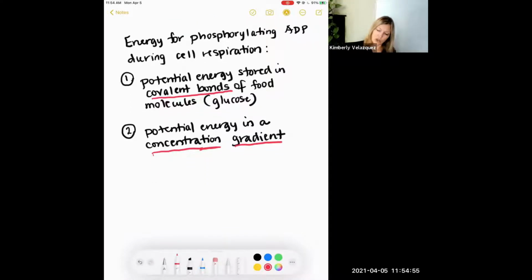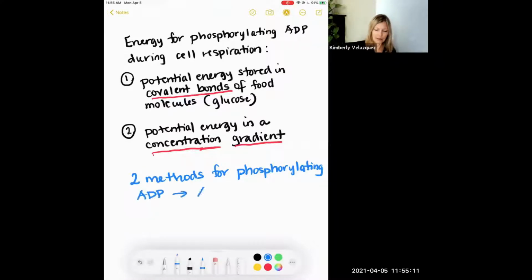There are going to be 2 methods for phosphorylating ADP to form ATP. And it's important to know these two terms.